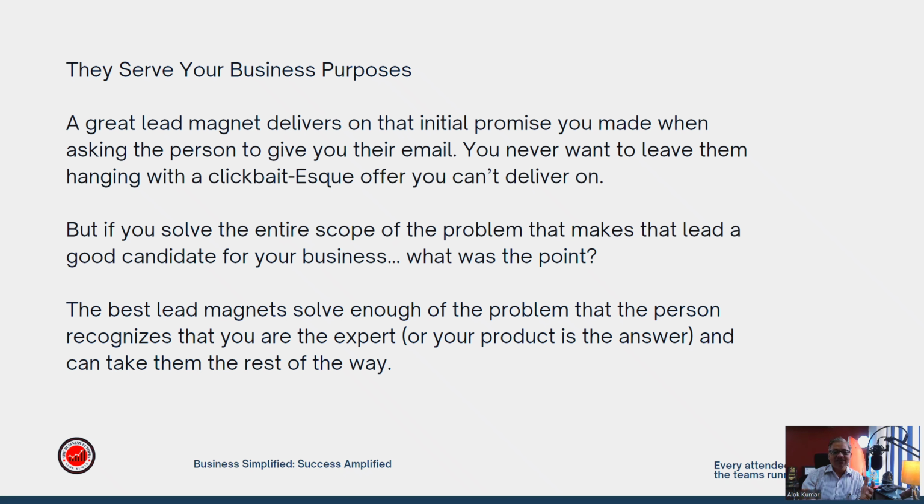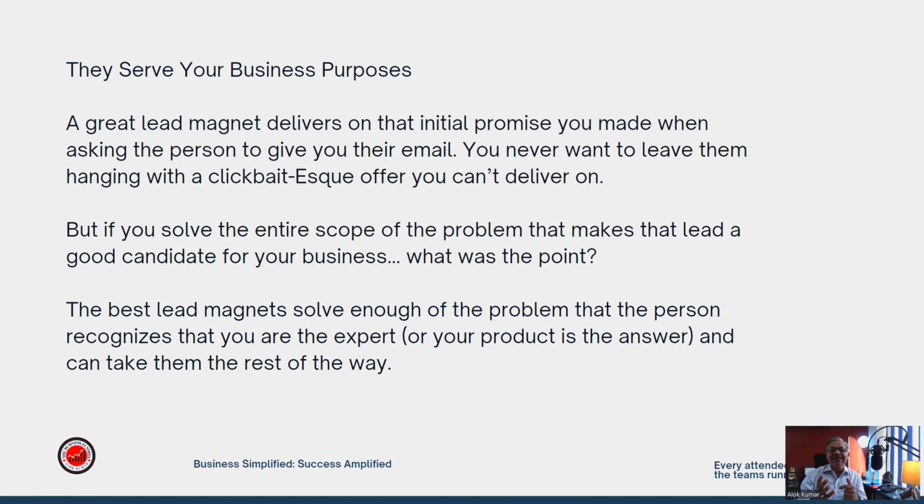You never want to leave them hanging with a clickbait offer you can't deliver on. If somebody is ready to give you an email and you are not able to fulfill the purpose, what's the point, right?